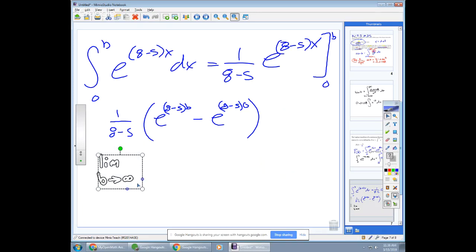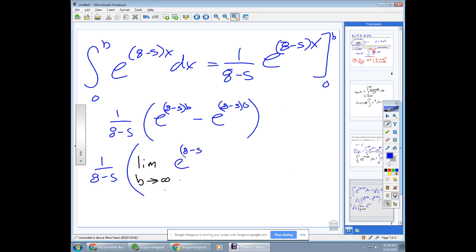So I'm just going to kind of skip a step and say 1 over 8 minus s pops out. And then I need to take the limit of e to the 8 minus s times b. And then the minus e to the other stuff, well, what's e to the 0? 1. That's just 1. So I only have to be concerned with that part right there.